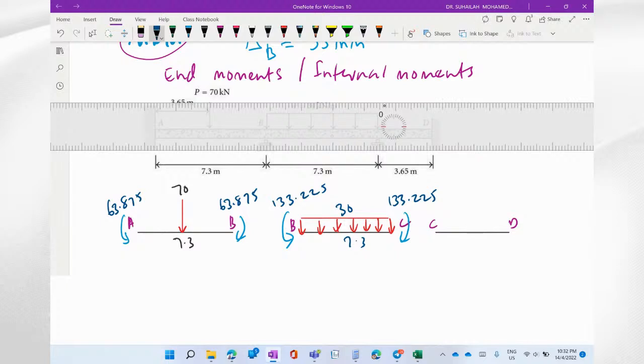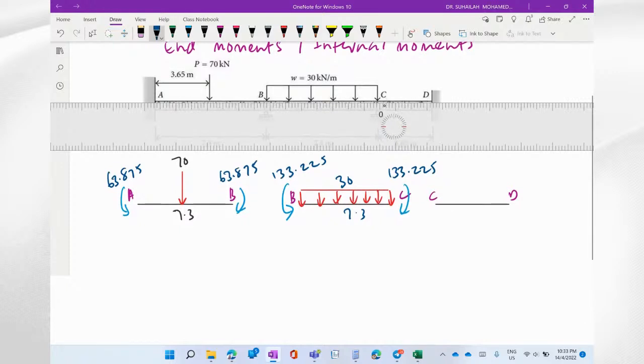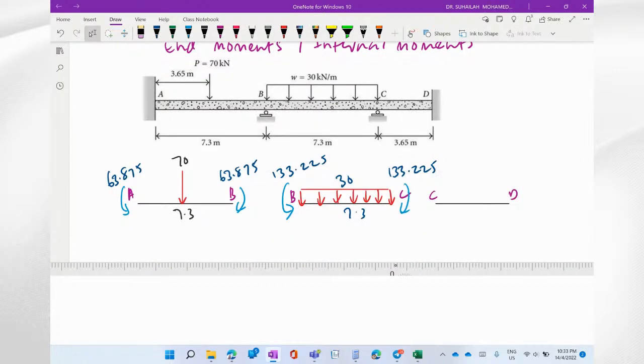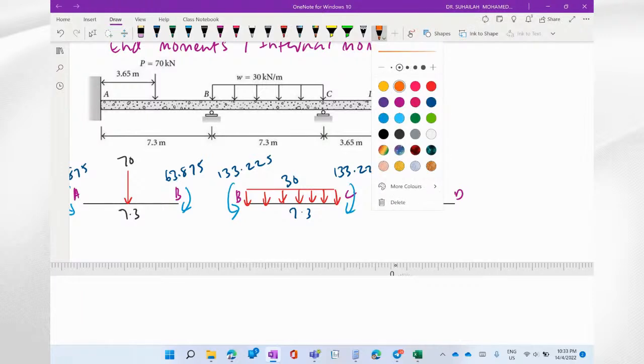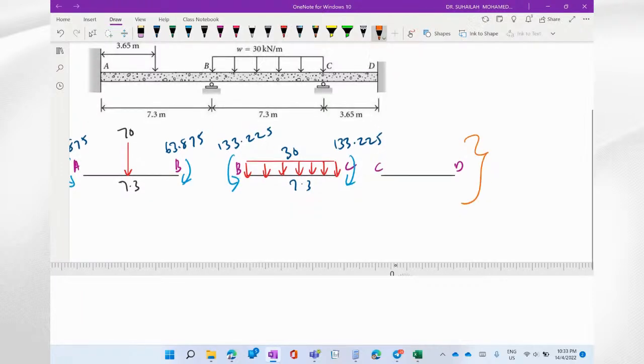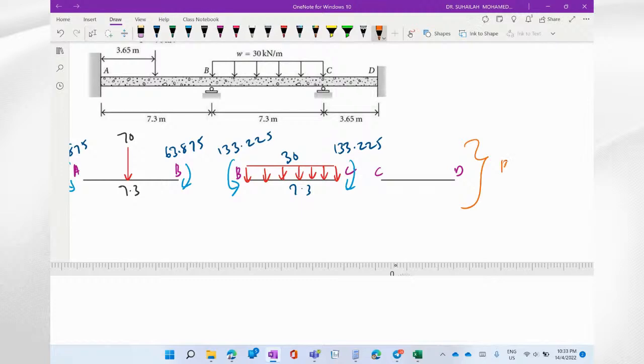There will be 4 values of FEM, and FEM for CD and DC will be equal to 0, because for FEM we calculate whatever force is subjected on the member. So this is about the beam, or members.